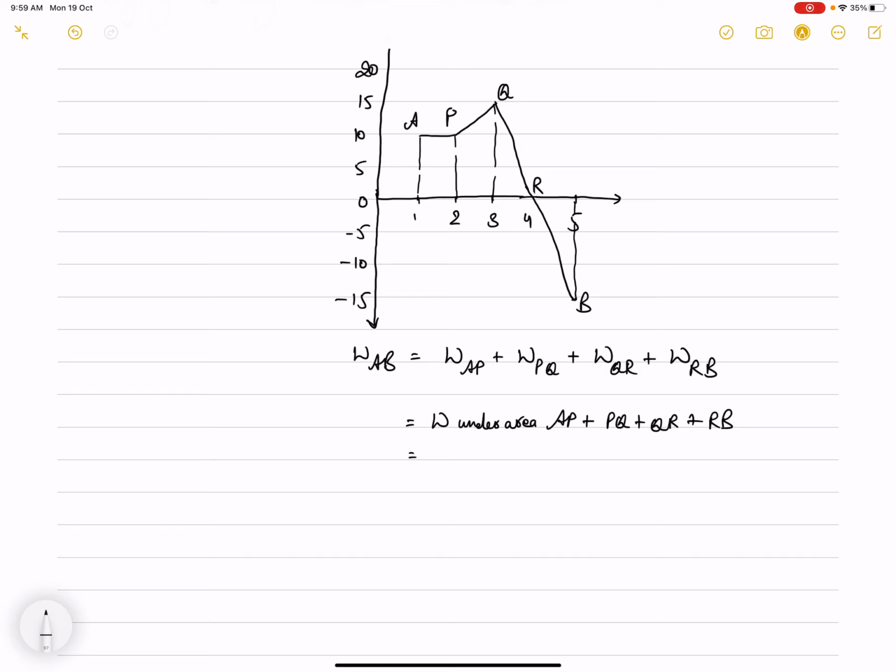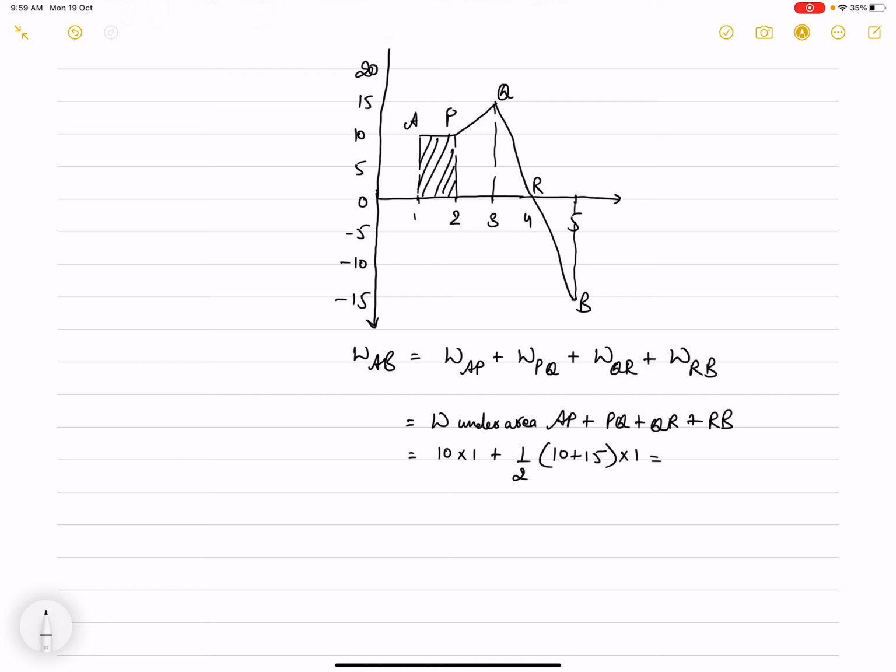The area of this rectangle will be length into breadth, which will be 10 into 1, plus the next one will be a trapezium, half into 10 plus 15 into 1 again.